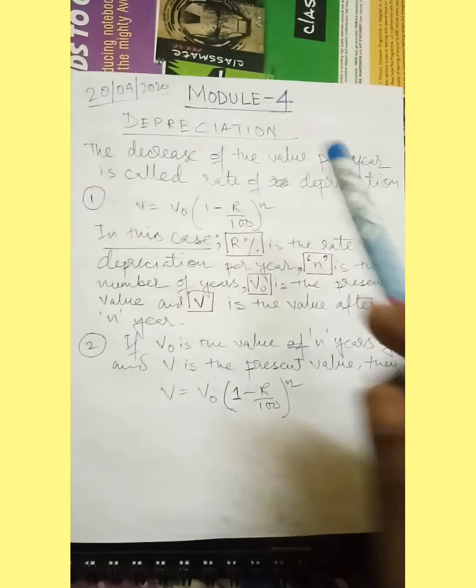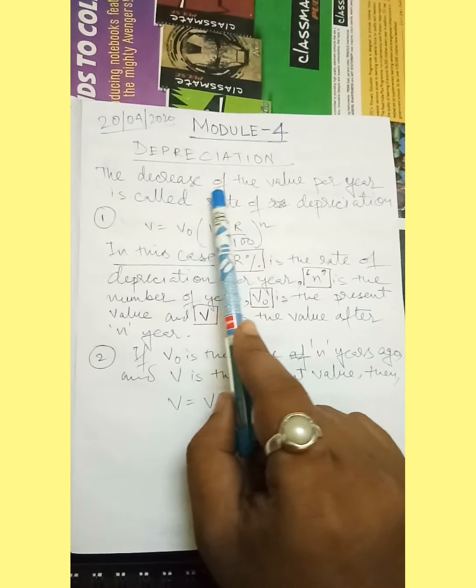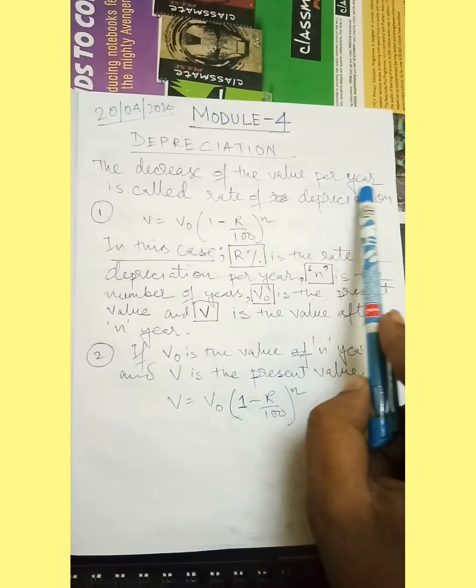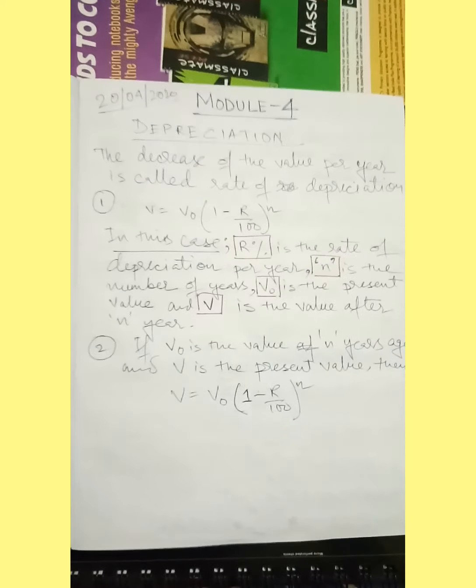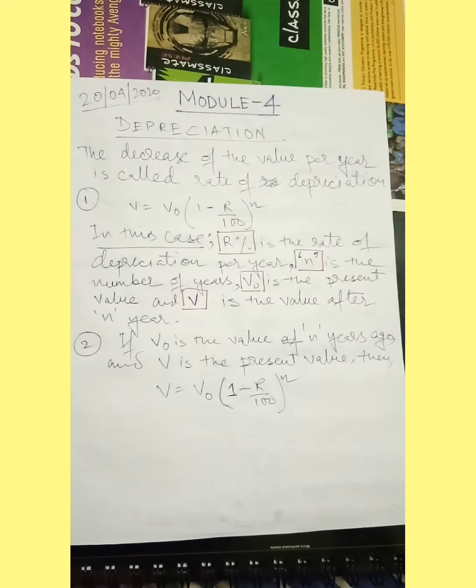See what I have written over here: the decrease of the value per year is called the rate of depreciation. The word depreciation is very common to commerce students. What is the basic concept of depreciation? Depreciation means degrading year by year, day by day.